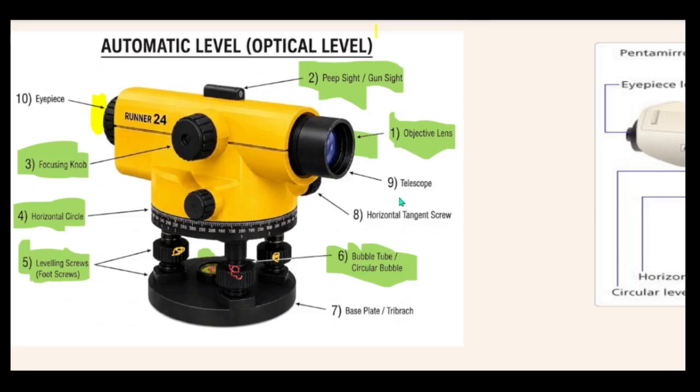The next one is, this is six. Number seven is the base plate. All right, the base plate is actually what attaches this whole system here with the tripod stand. I'll show you how this tripod stand looks like.